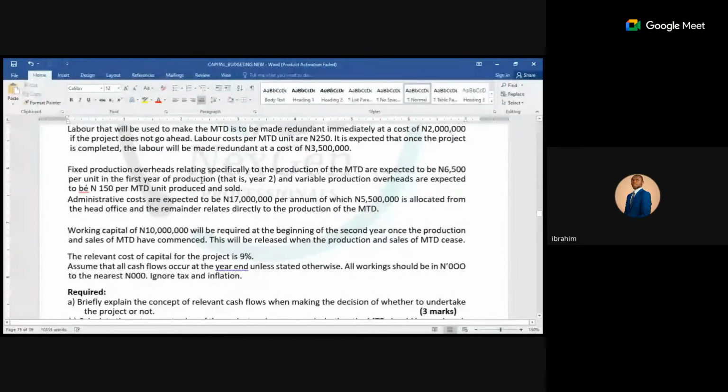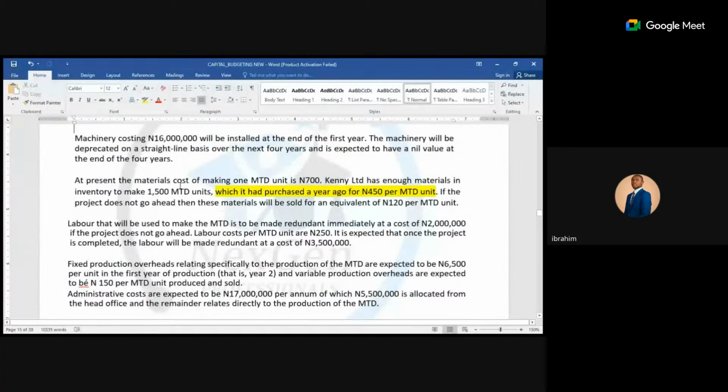Fixed production relating to the production are expected to be what? In the first year of production. And variable production are expected to be produced and sold. So now let's quickly do a calculation. Please multiply in the first year.